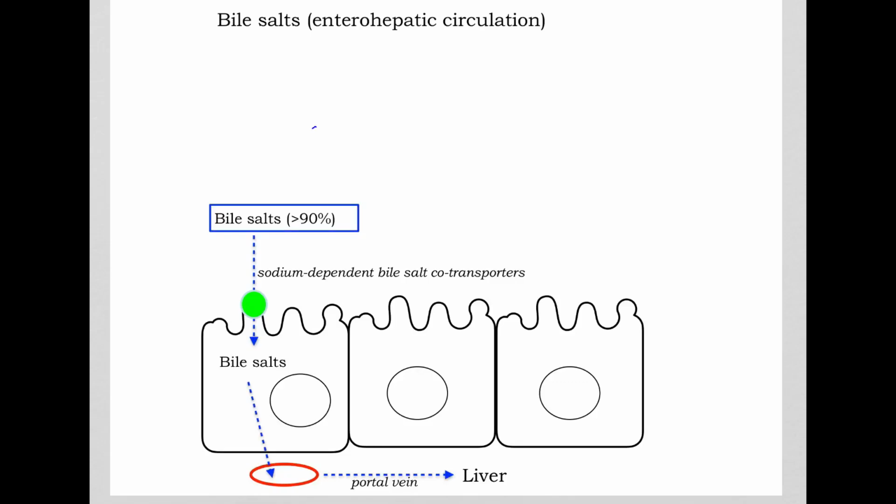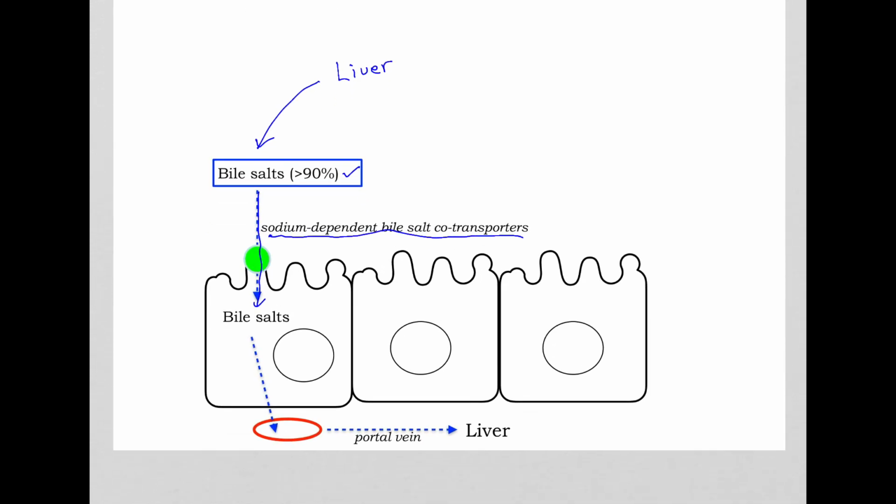Bile salts, remember, come from the liver. They are made by the liver, and then they are stored in the gallbladder, and then they're secreted into the intestine after a meal. Most of the bile salts, more than 90%, are transported or taken up into the enterocytes by sodium-dependent bile salt co-transporters.